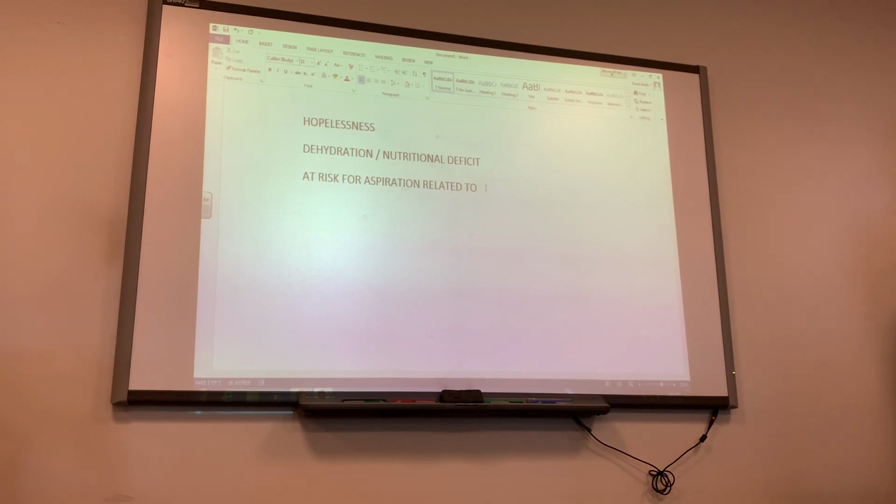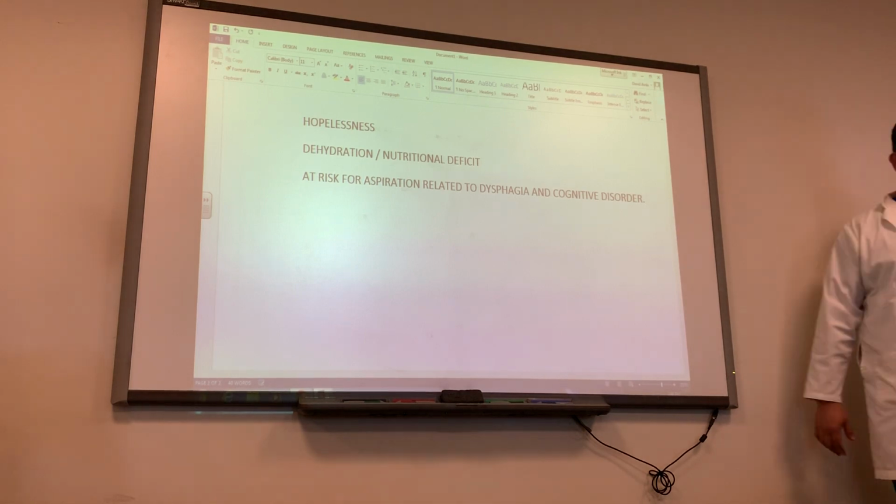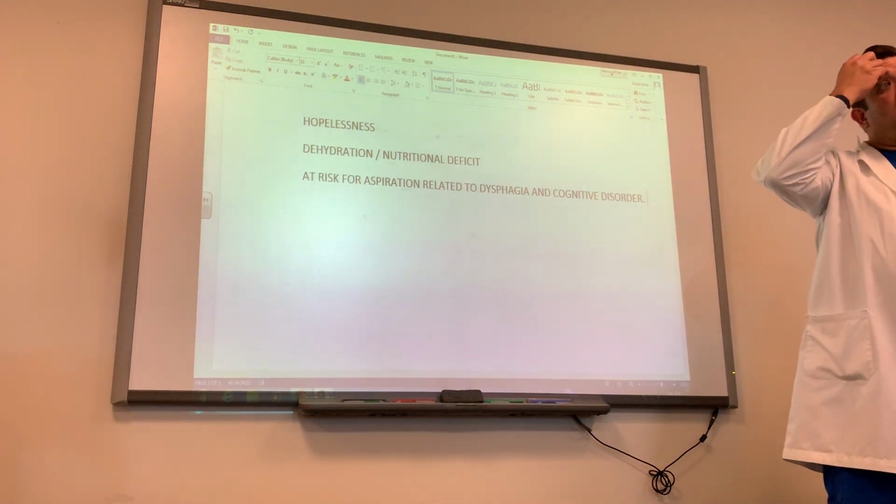At risk for aspiration related to dysphagia, which is what? Difficulty swallowing. Inability to swallow properly. Okay. And cognitive disorder. That's it.